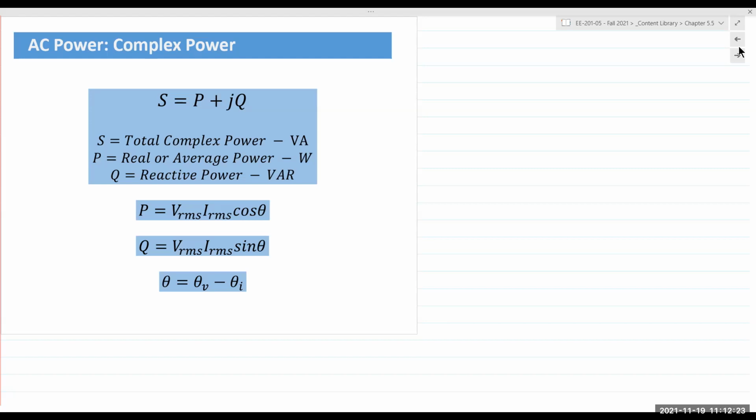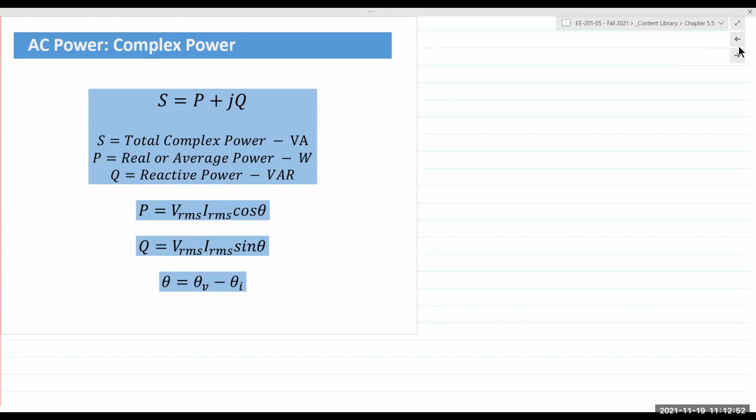There is, of course, also reactance associated with the capacitor and the inductor. And so the power that is associated with the inductor and capacitor has to do with the reactance, and hence the name of that power, reactive power. So for a resistor, we term the power as real or average power because that power is doing the actual real work of converting the electrical energy into useful mechanical energy.